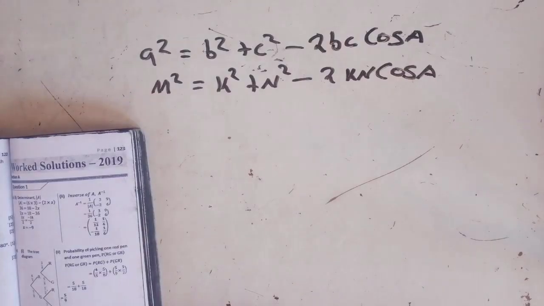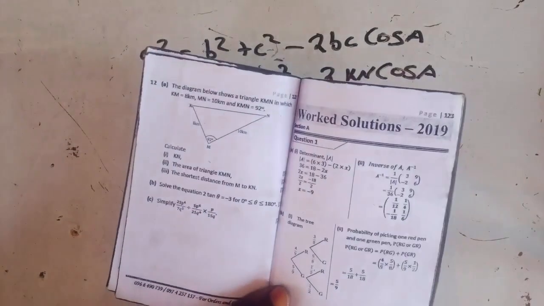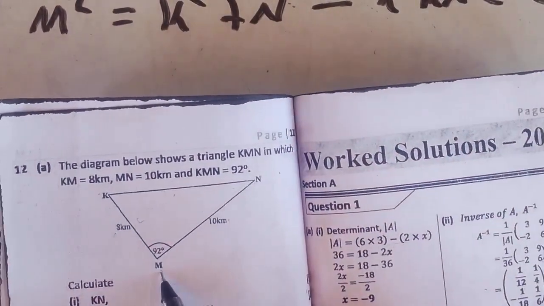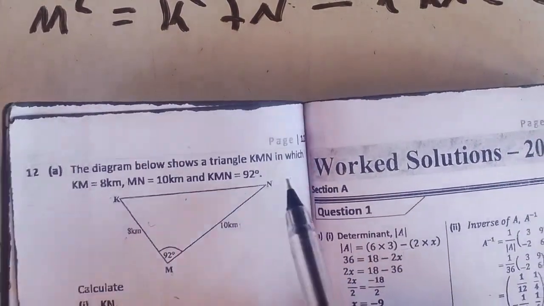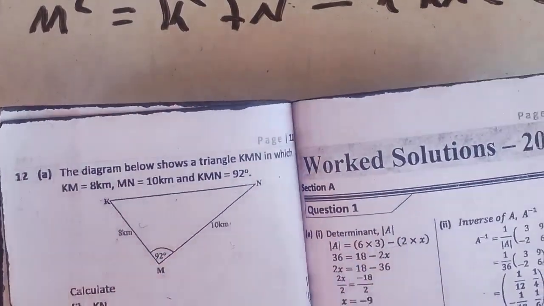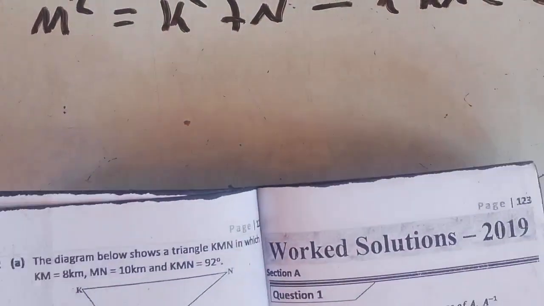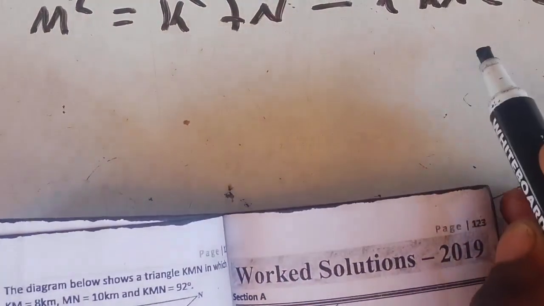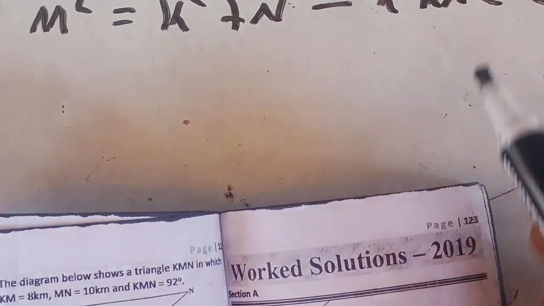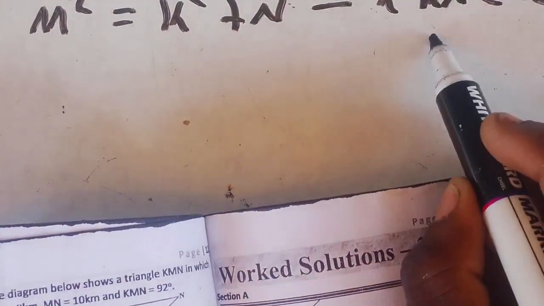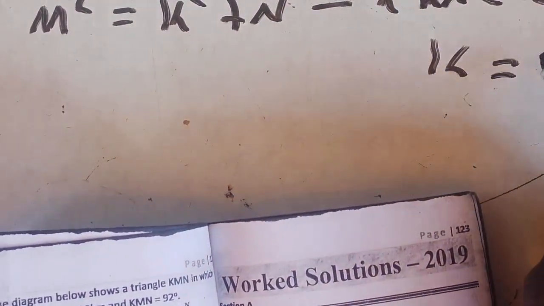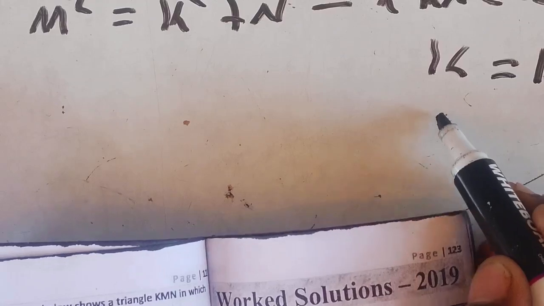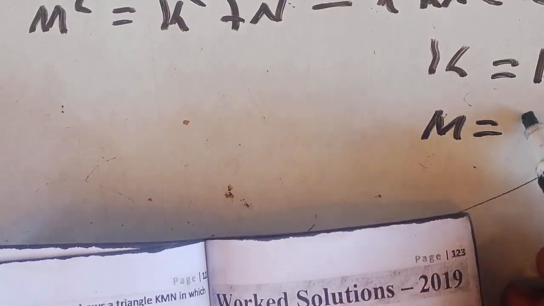Let's again look at our question. Our M is this one, I've already said this. Our N is this one, and our K is this one. So let's correct our data. Under our data we have K, which is 10 kilometers, and M is what we don't know.